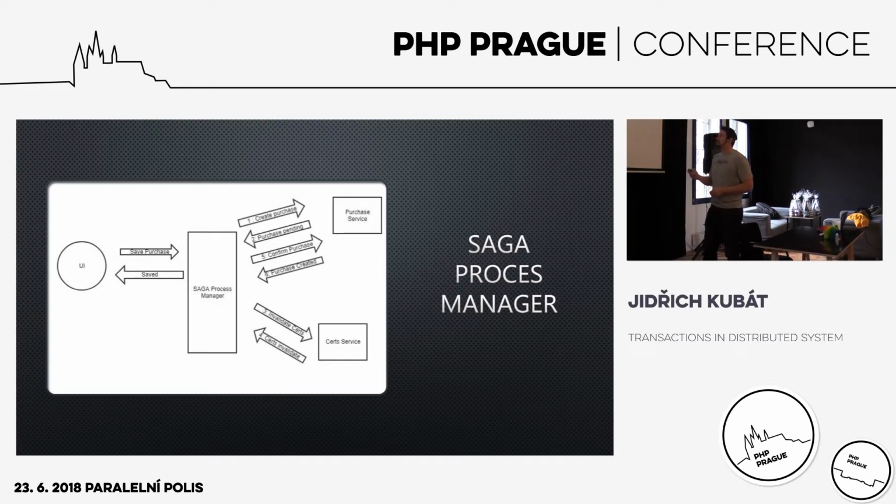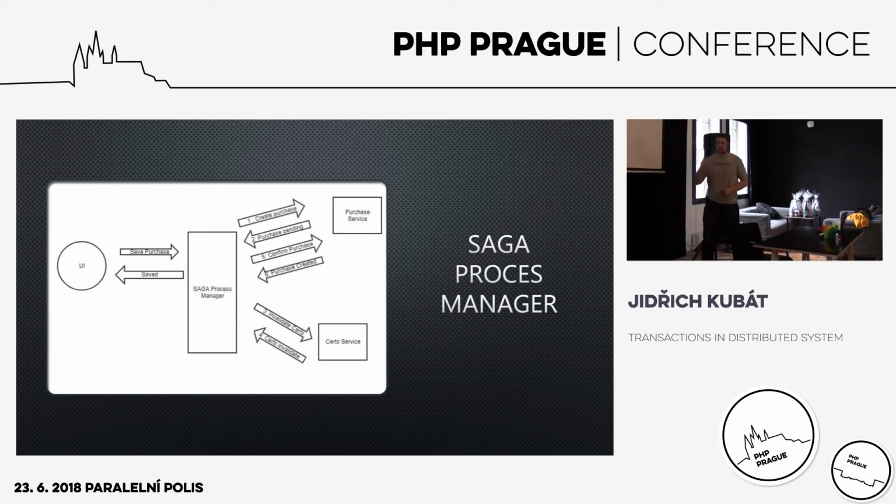Purchase is pending, invalidate certificate, certificate is invalidated, confirm purchase, purchase is created and saved. That's the set of business transactions that ensures our system is in a consistent state.